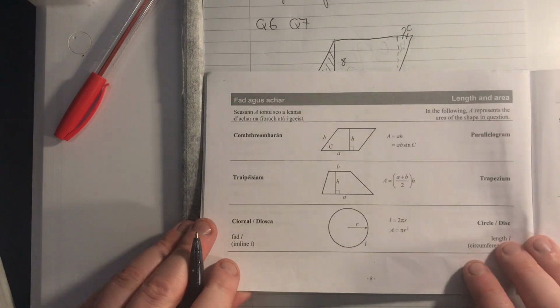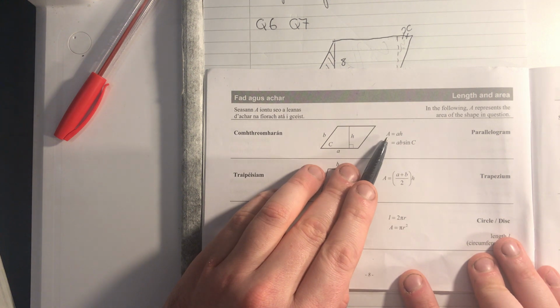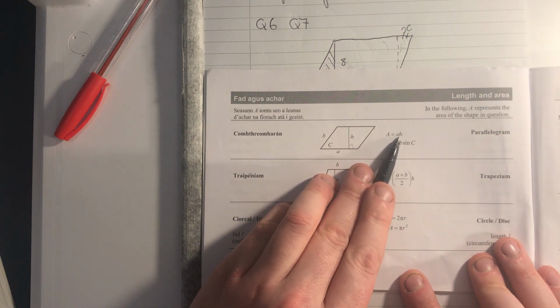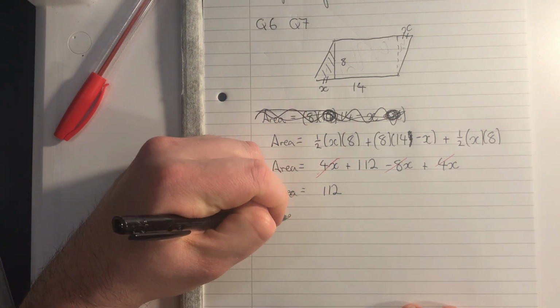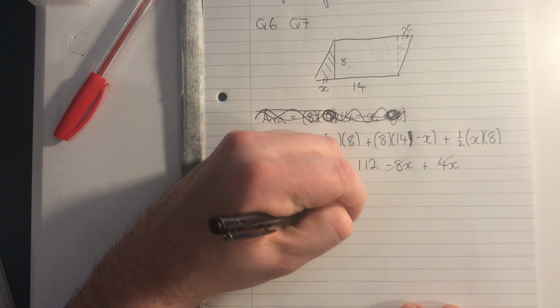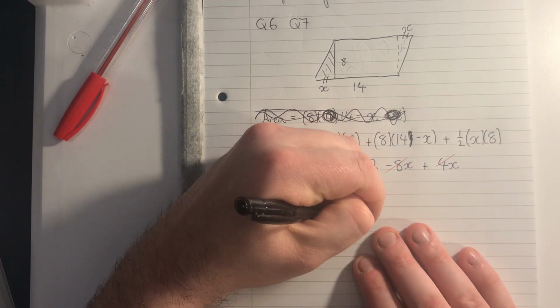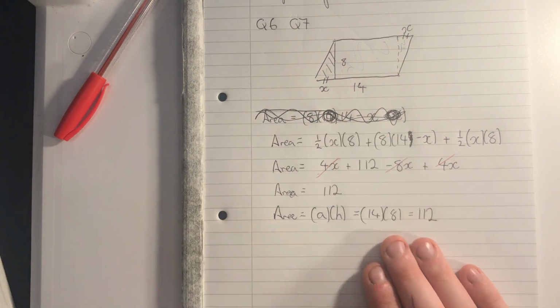Okay, so the area, on this page here, page 8 of our maths tables, says the area is equal to A by H. So I didn't need to go through this long rigmarole here. Area is equal to A by H, which is equal to 14 times 8, which is equal to 112.